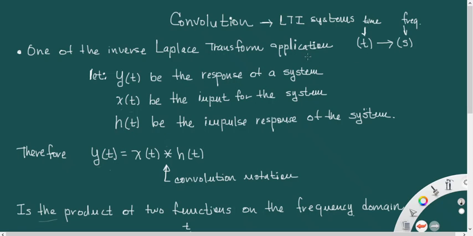So the convolution is a special form of the application of the inverse Laplace transform.